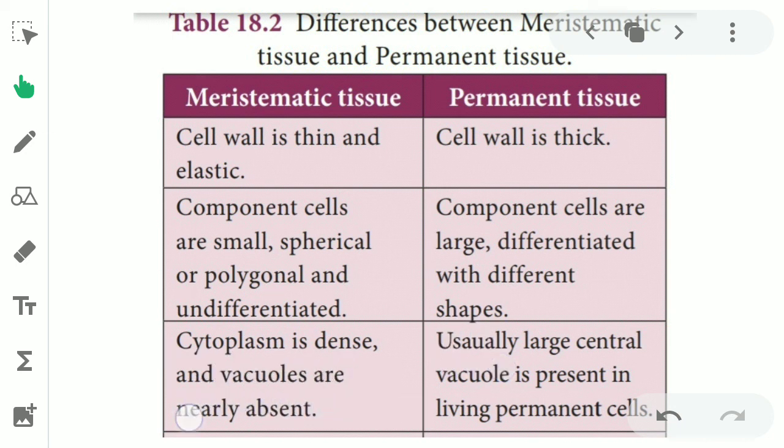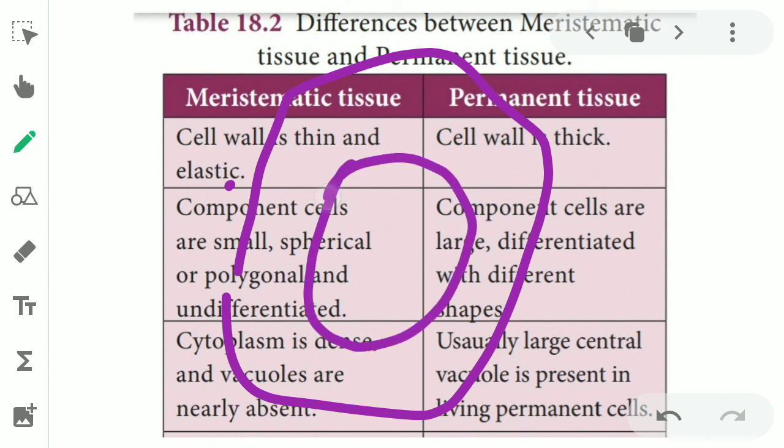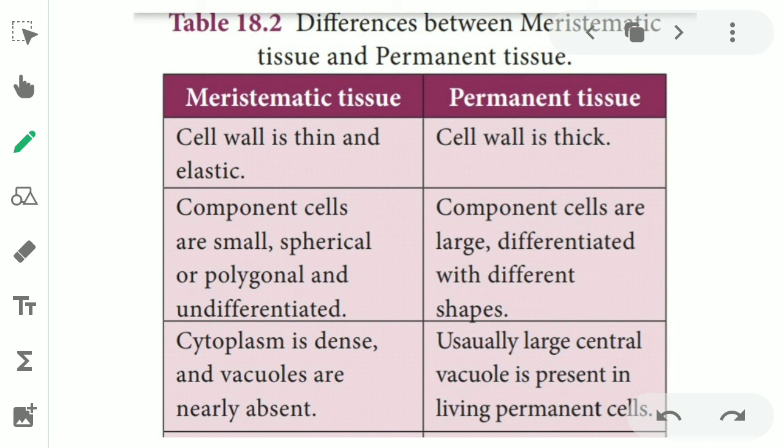In meristematic tissue, cytoplasm is dense and vacuoles are nearly absent. Vacuoles are the big empty places in a plant cell. In permanent tissue, large central vacuoles are present.